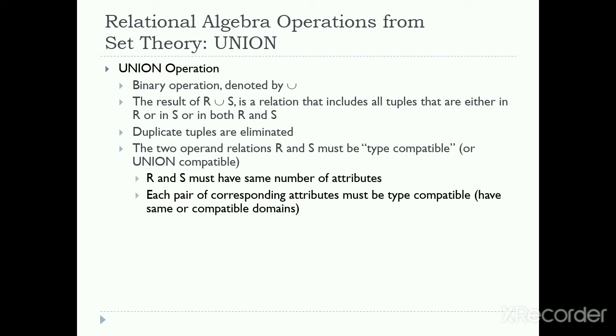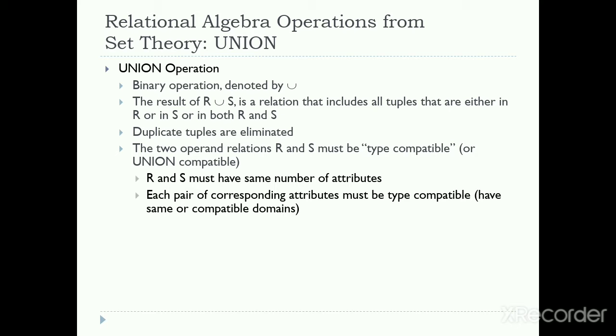Suppose you have 2 attributes in relation R, attribute 1 and attribute 2, and in relation S also you have 2 attributes. If one attribute in relation R is of integer type and the other is of character type, then in the second relation the attributes must be of the same types.